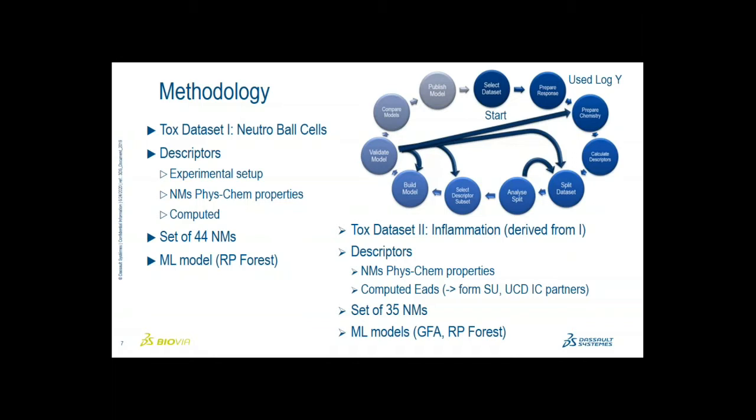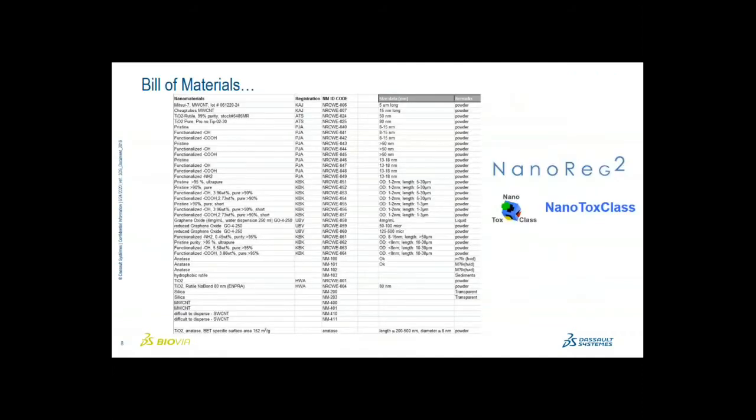Those are of course very relevant in the SARs. So we will normalize by those in order to get a single response, and then we will see how those descriptors fare against this set of data. In the first case we had 44 nanomaterials, and in the second case we have 35 nanomaterials in common.